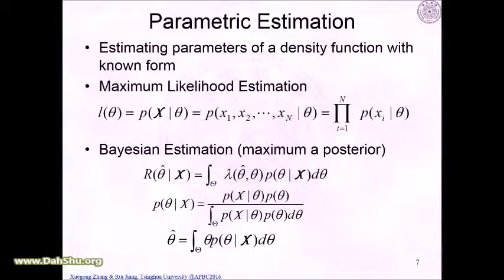We take the parameter itself as a statistical variable, and we estimate the maximum posterior probability of the parameter given the training sample. And using Bayes' theorem, this can be decomposed into the probability of the sample given the parameter, and we do this expectation.